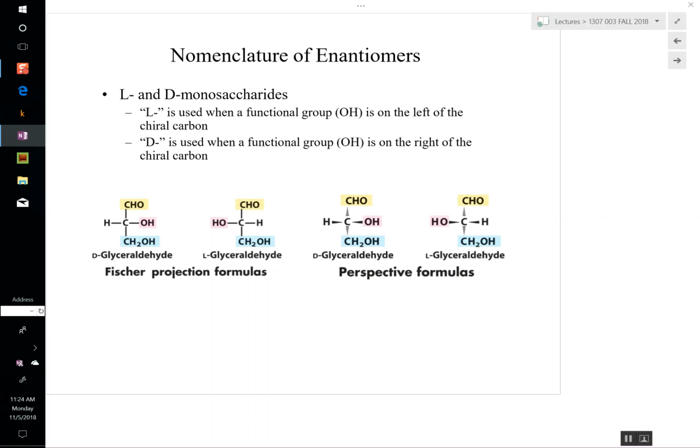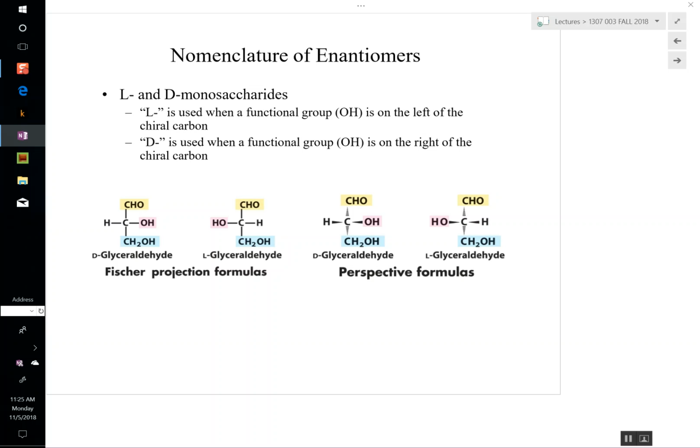Carbons going up and down. Here's my chiral carbon. I don't even have to put a carbon right there. But there's my chiral carbon, and I've got an OH over here and an H right here, and this is D-glyceraldehyde.